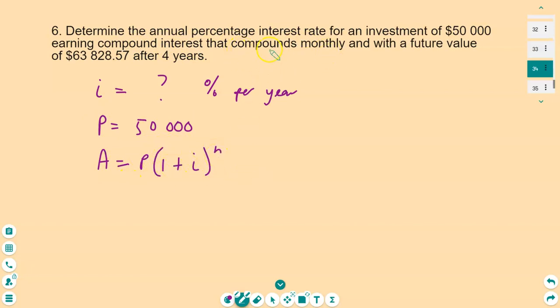That compounds monthly. Well, compounding anything other than yearly has a magic K value. How many months are there in a year? There's 12. And with a future value of this much after 4 years. A, future value.